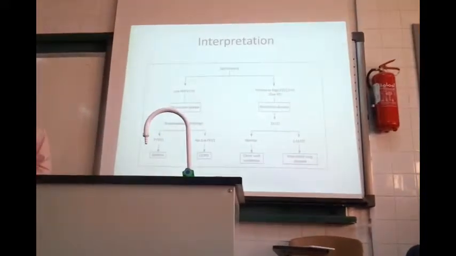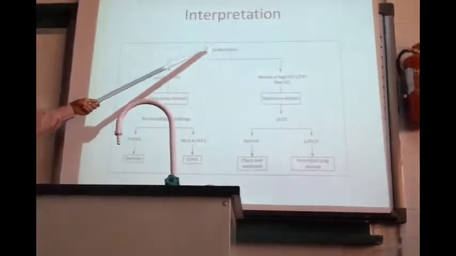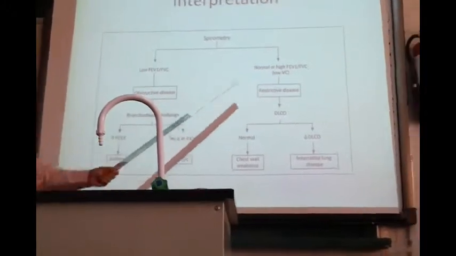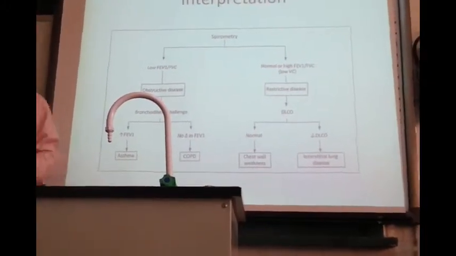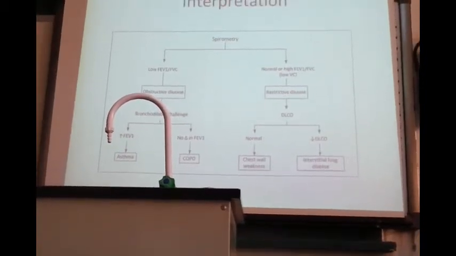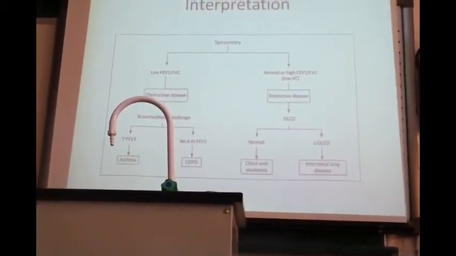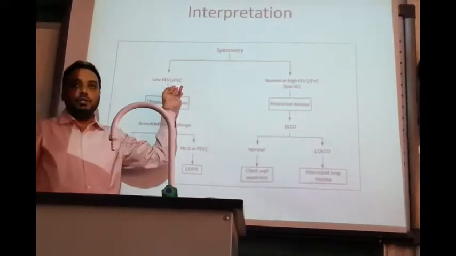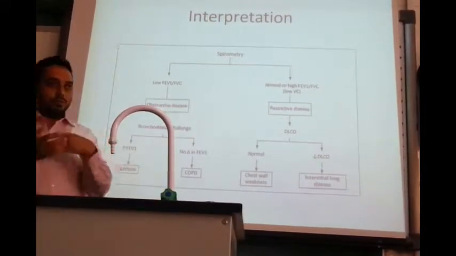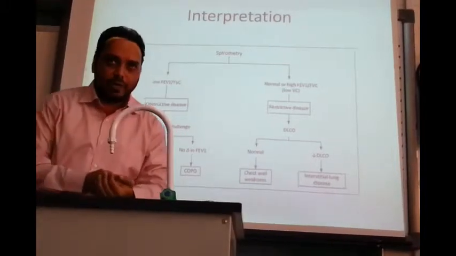Just very brief about the spirometry and the obstructive and restrictive, and what we basically as a doctor are supposed to interpret from this and what we do. So we do spirometry and we find out that there is a low FEV1/FVC ratio. FEV1 means the forced expiratory volume of air in 1 second.